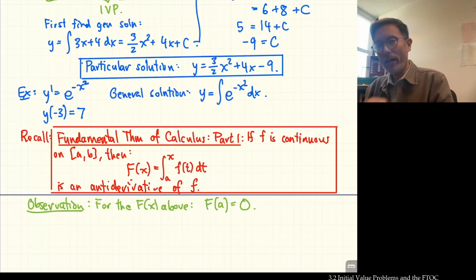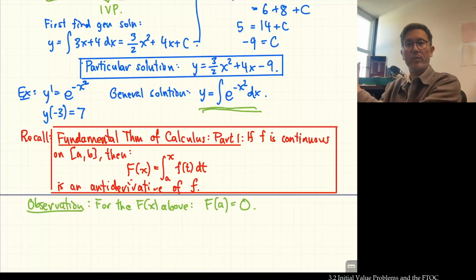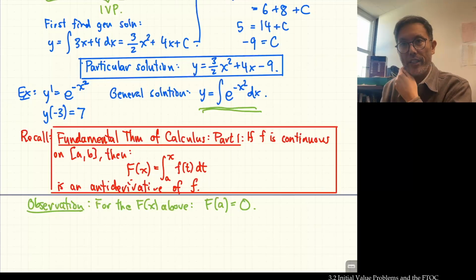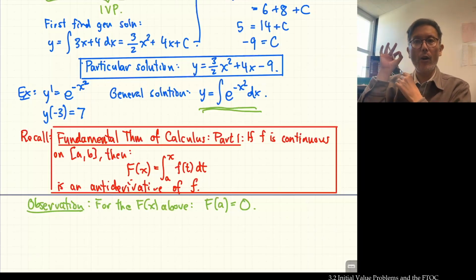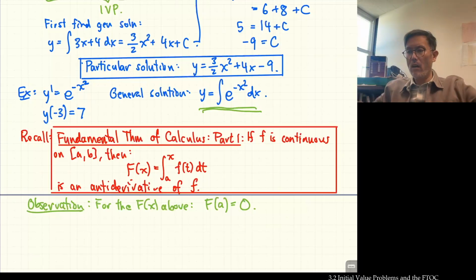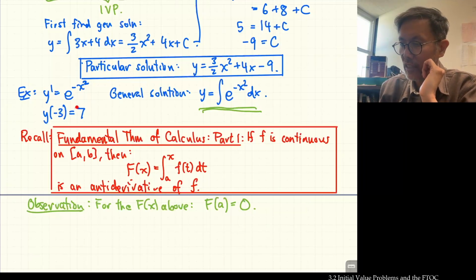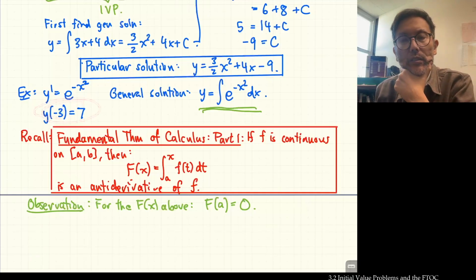Because what I can say is, well, this right here is the general solution to this differential equation. And I want to pluck out the one among the infinite from this general solution, which further satisfies the initial condition, namely this.